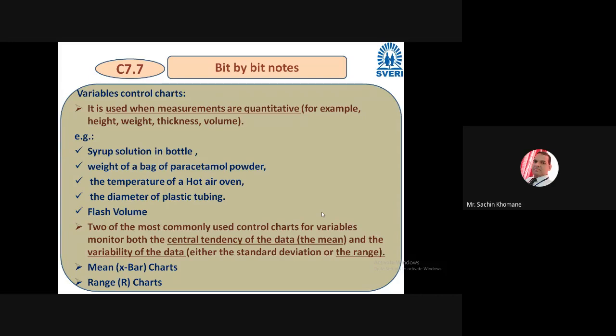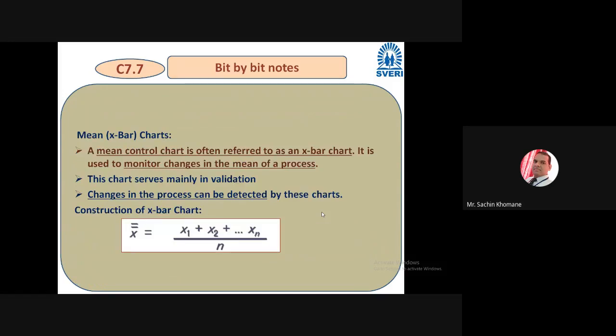So let us see these two charts. Arithmetic mean is x1 plus x2 plus up to xn, divided by n, the number of readings.